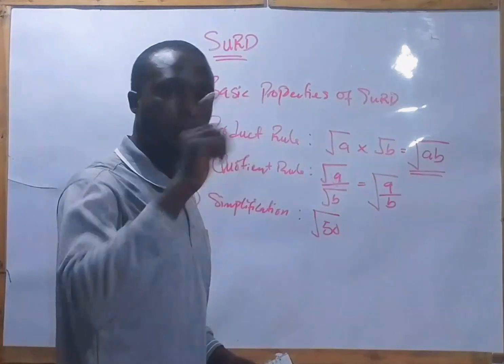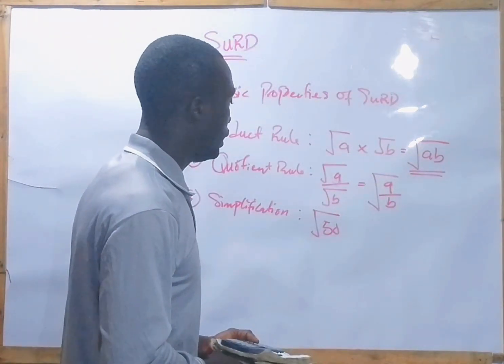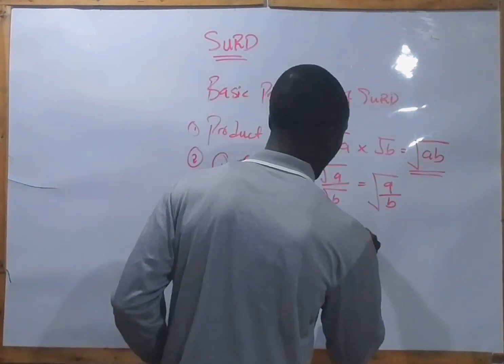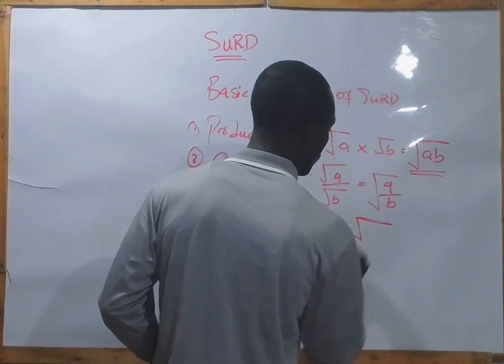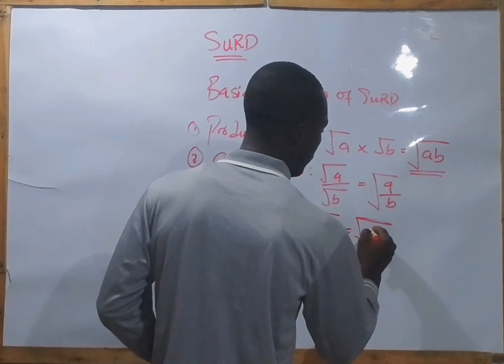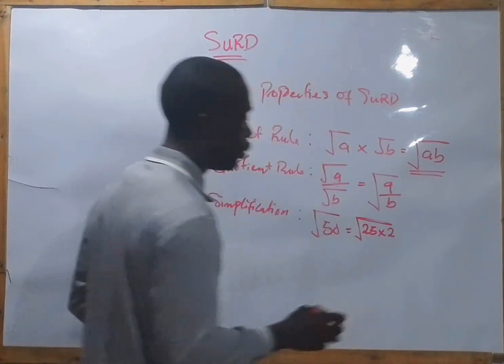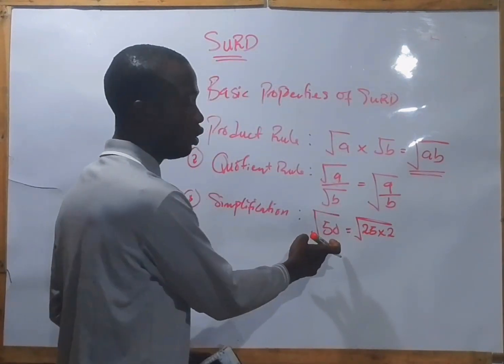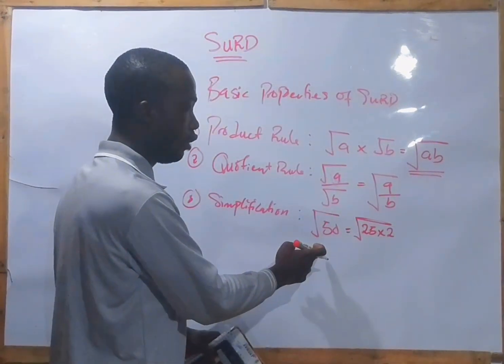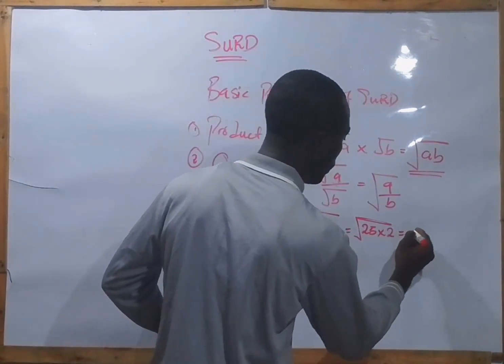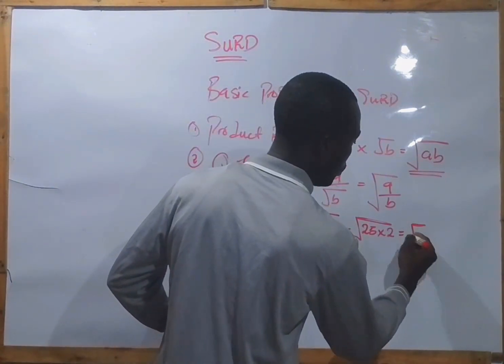So the square root of 25 is automatically 5. So what you do here is this: you say equal to square root of 25 times 2. 25 times 2 will still give you 50. So you move further, you separate them.